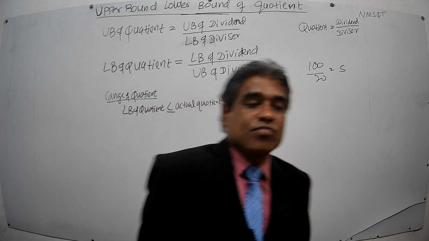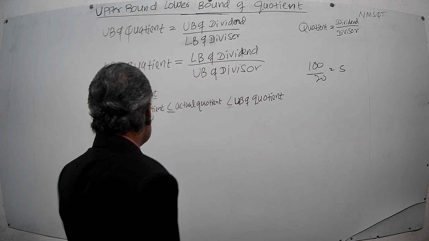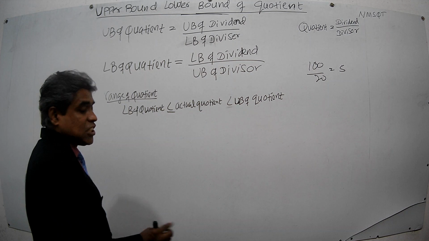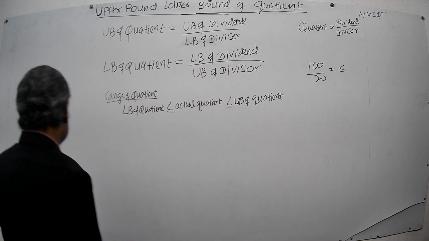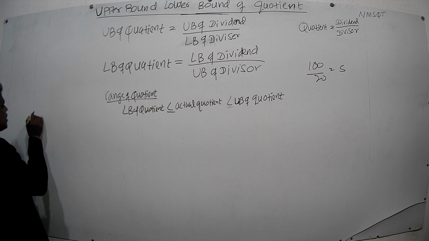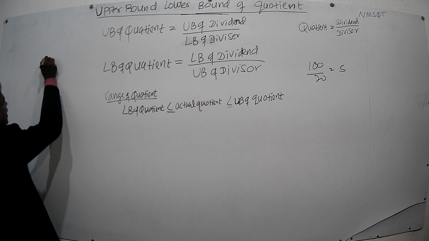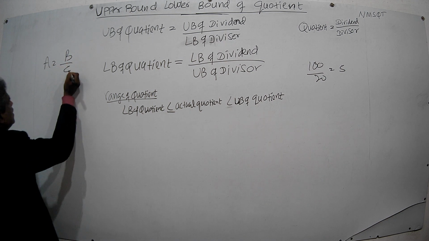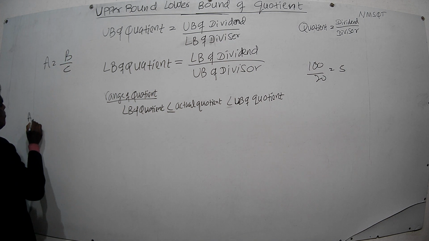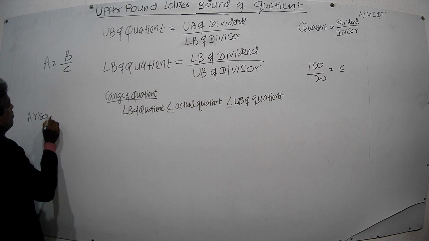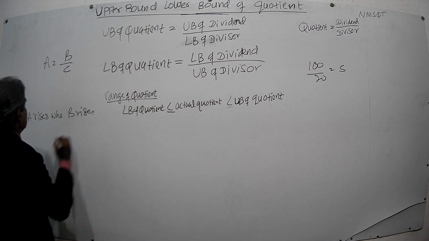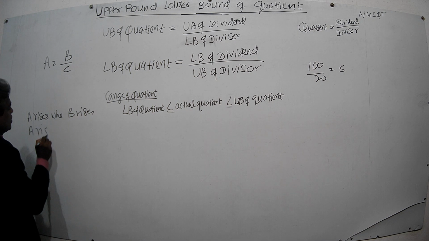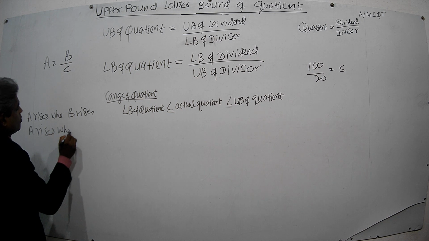In the previous video, we studied how changes in the dividend and divisor affect the quotient. Take A equals B over C, where A is the quotient.